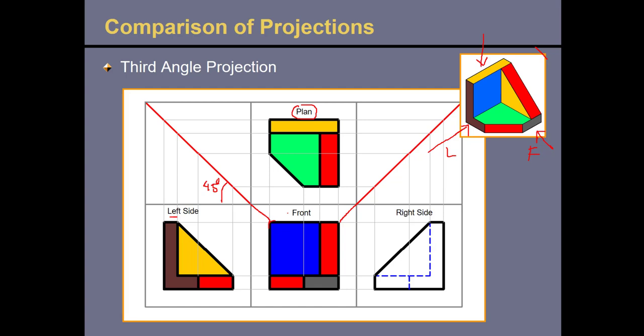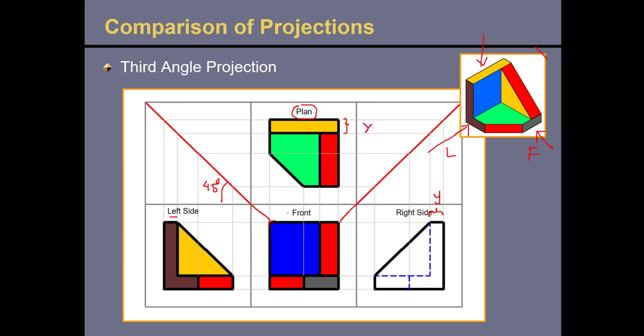Notice that by using these lines, you can transfer the dimensions or the size of the feature from the plan view to the side view without the need of measuring it. For example, the dimension here is y. This is the same size as this portion here, y.